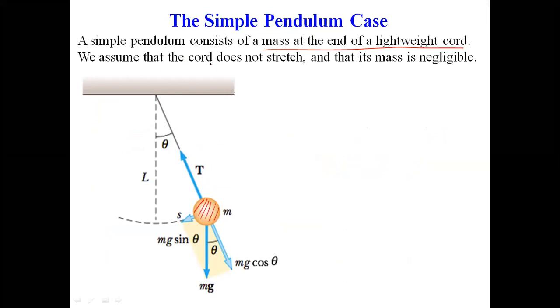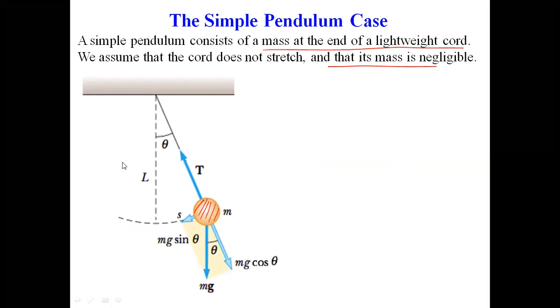We assume that the cord does not stretch, so there is no elasticity of this thread, and its mass is negligible, so it is not contributing to the mg or having any elasticity, so there is no stretching or anything like that. If the cord has mass, then this problem will be difficult.